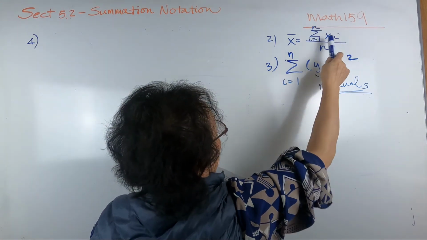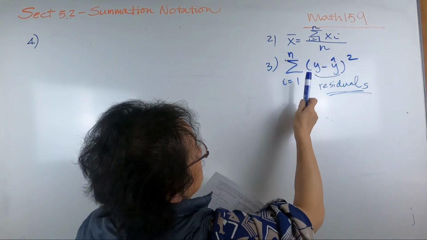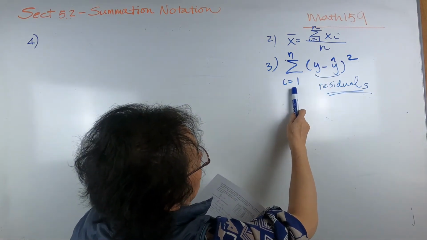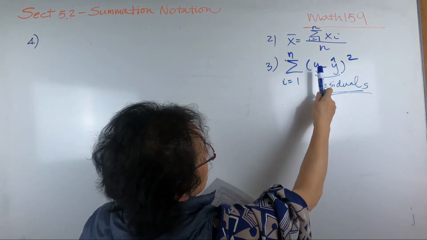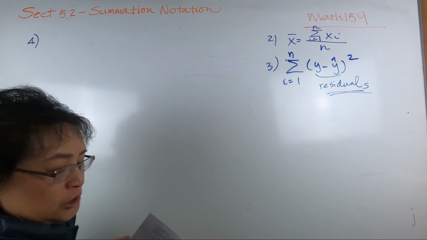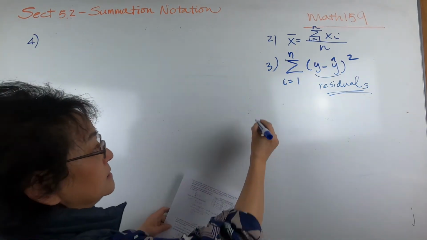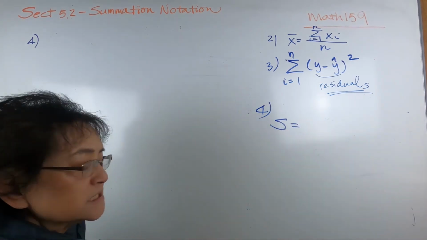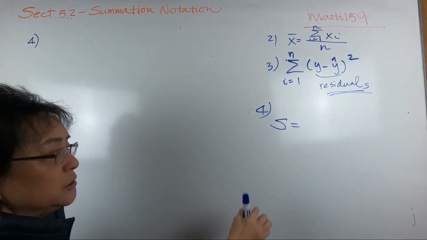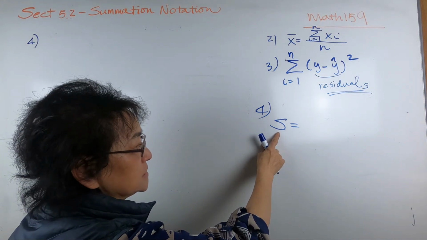You add them all up, the summation, divided by the total, how many numbers you have. And the next one you are learning is what? To find the residual, then you take the square, you take the summation. Okay? And in this example, we are going to use something called standard deviation. You are going to use this a lot for your stats, okay?